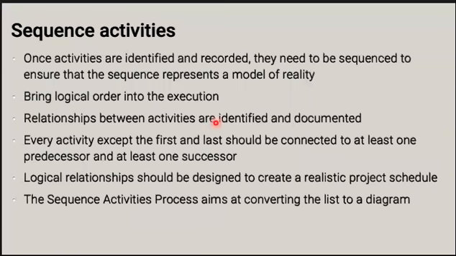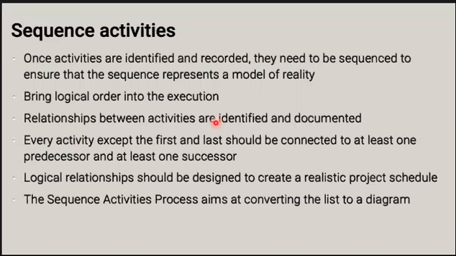So once we have the activities listed together, we're going to have to sequence them. Once they're identified, obviously they can't all be done at the same time, and they can't be done in a willy-nilly manner without any rhyme or reason. They have to be sequenced in such a way that the way activities are completed corresponds to what would actually happen in reality.